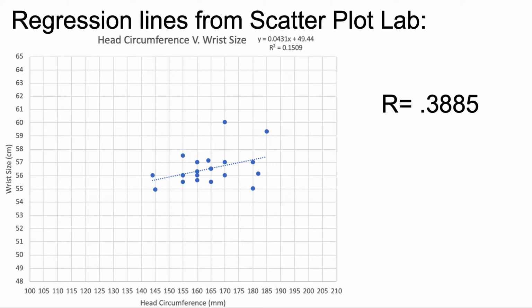Now let's take a look at the scatter plot lab we did last week before spring break. These are the regression lines from the scatter plot lab. Now the first, head circumference versus wrist size, I've personally looked at that one and thought, well, that's no correlation. Now, if you run it through the technology, this is using Microsoft Excel, which is my preference.